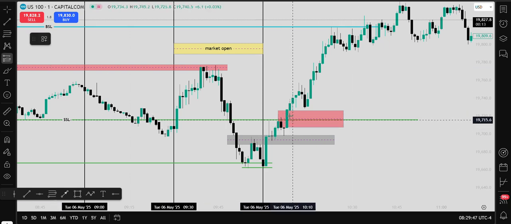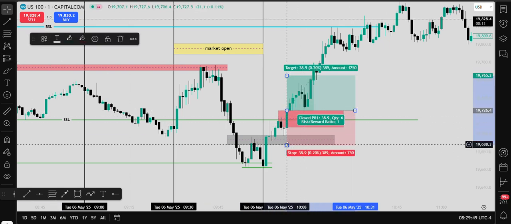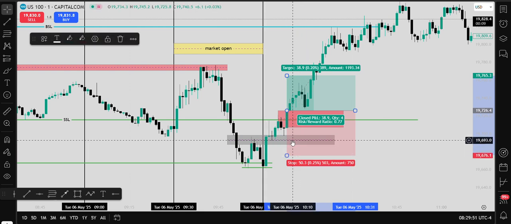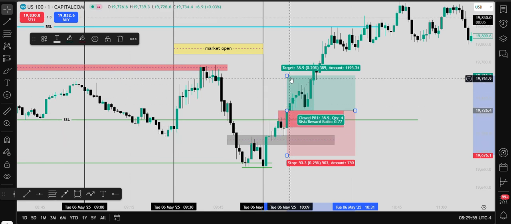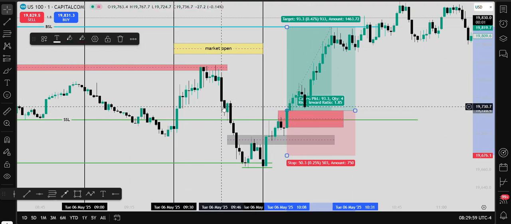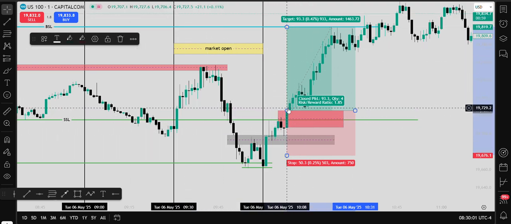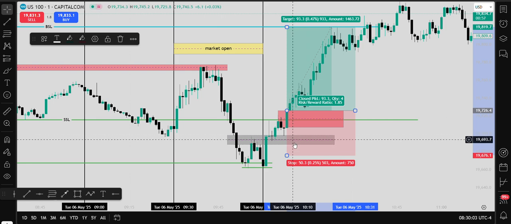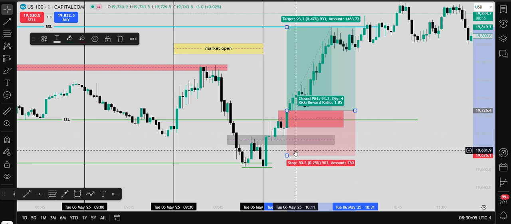something like this, right below this first fair value, because sometimes the volatility after the market opens is always quite high, so you're supposed to give room for the market to play.